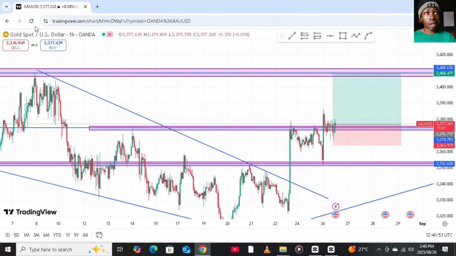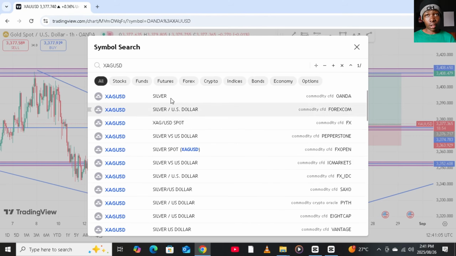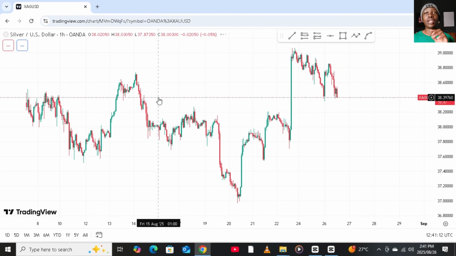Let's go silver. Silver, it's XAG USD. Silver, yeah, there it is. So we're seeing buys on gold, right? And we're supposed to see buys on silver.